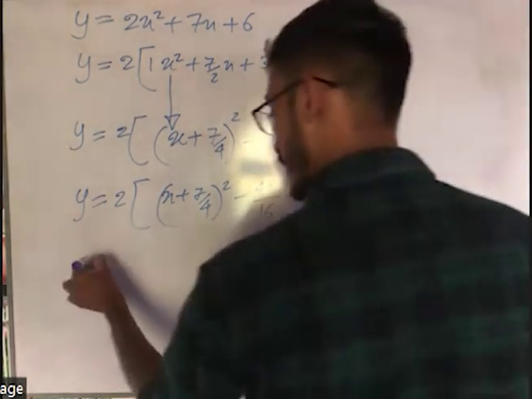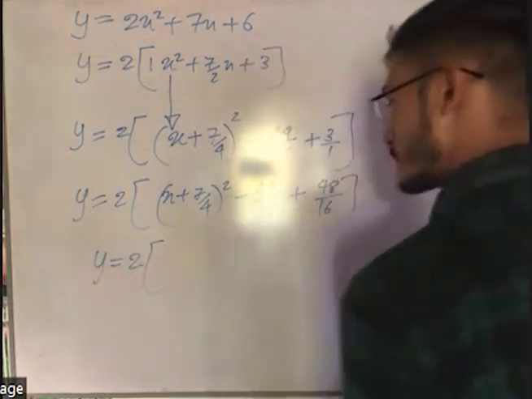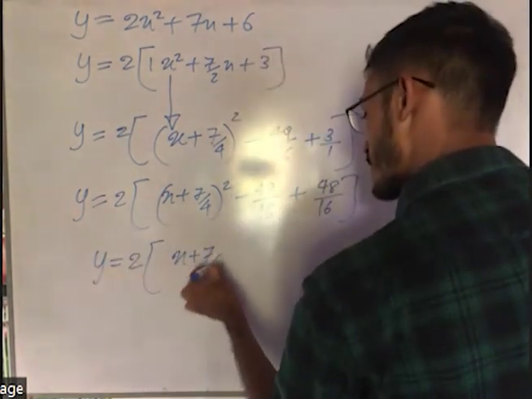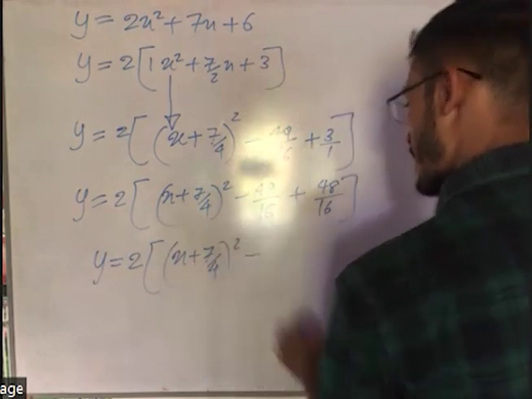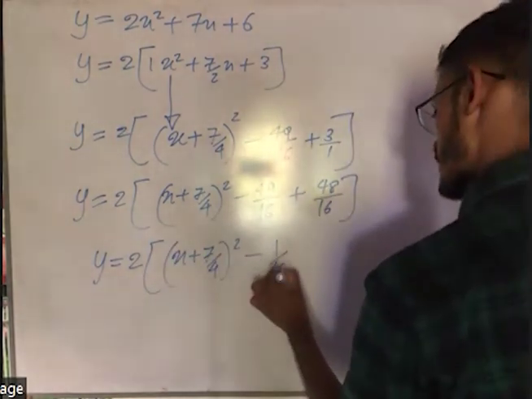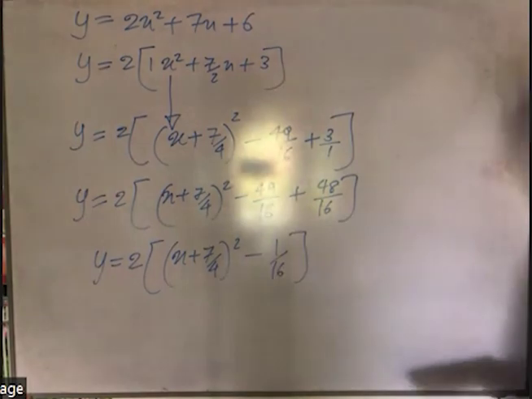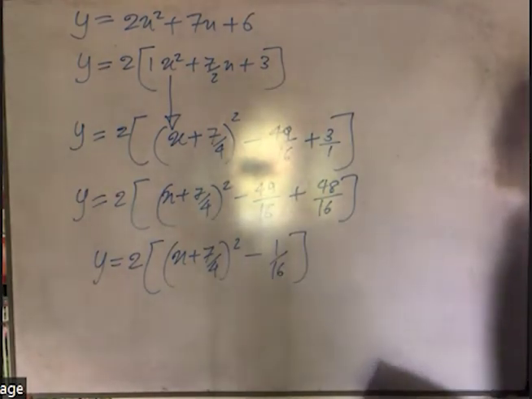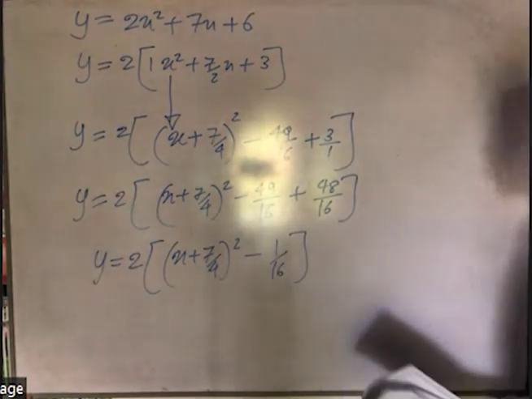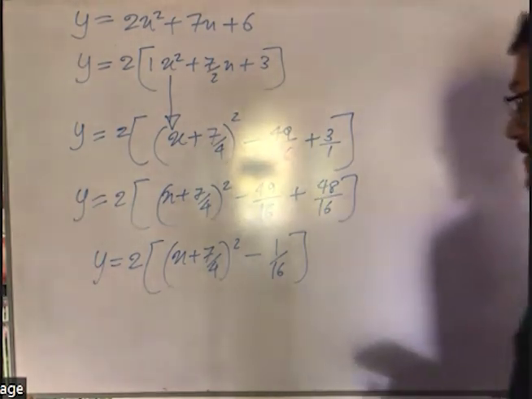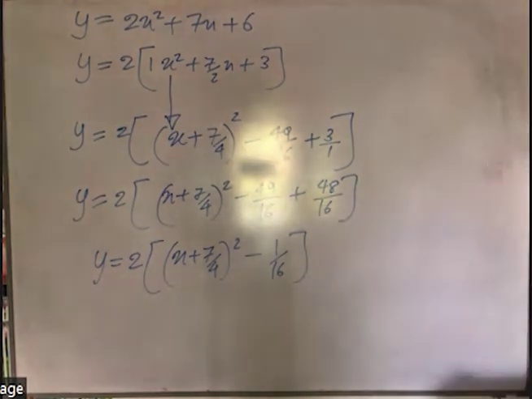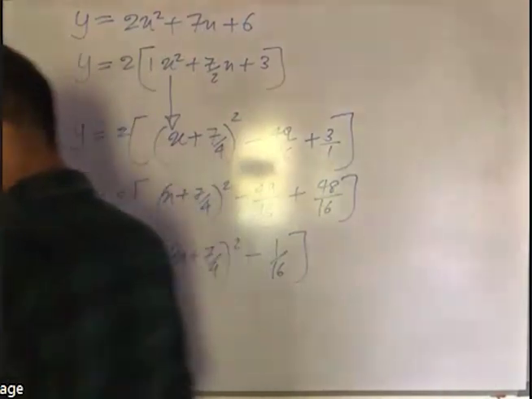Then we can write y equal to 2 into (x plus 7 over 4) square minus 1 over 16. So again we have a difference of two squares. Here we can write 1 over 16 as (1 over 4) square.